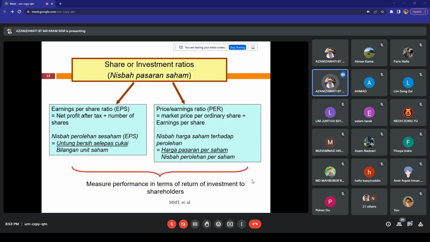And this is the share or investment ratios, which measure performance in terms of return on investment to shareholders. So this is also normally what we see when we want to select a counter to invest. Okay, so earning per share ratio and price earning ratio, PER.